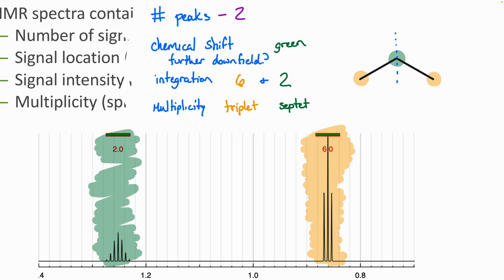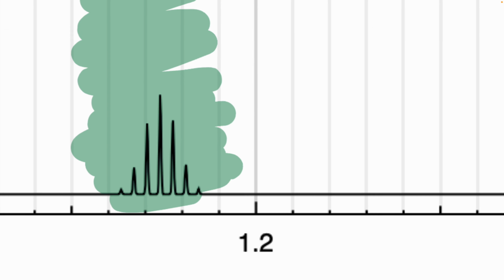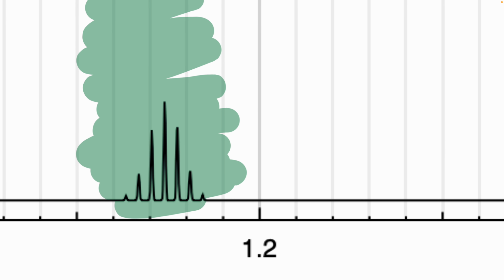But most importantly, noting our multiplicity: as we said, that orange peak should have an integration value of 6 and should be a triplet. So I have 1, 2, 3 for the multiplicity of that peak. And my green peak here is much smaller because it's got a much smaller integration value. It's only 2 hydrogens in that group. But since there are 6 neighbors, if we zoom in here, we indeed have this 1, 2, 3, 4, 5, 6, 7 septet splitting pattern. Our multiplicity of 7.